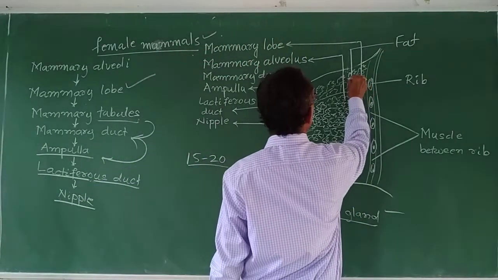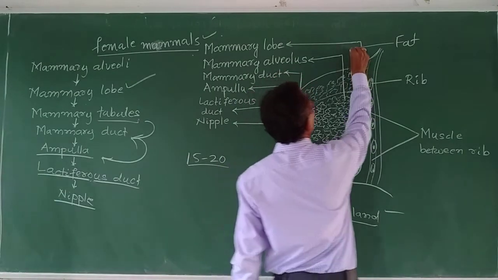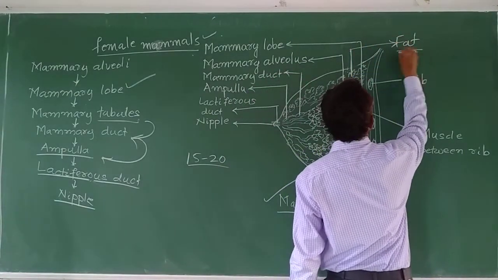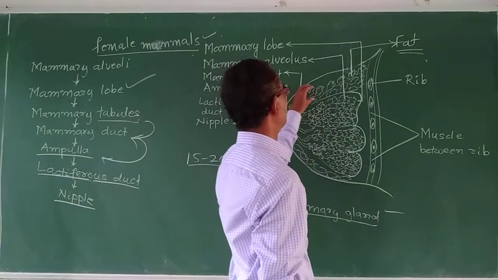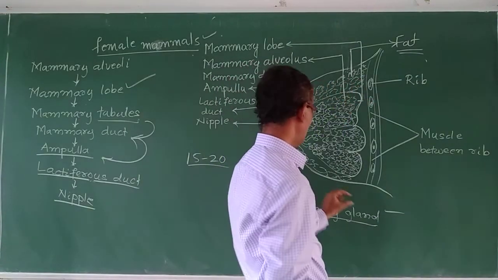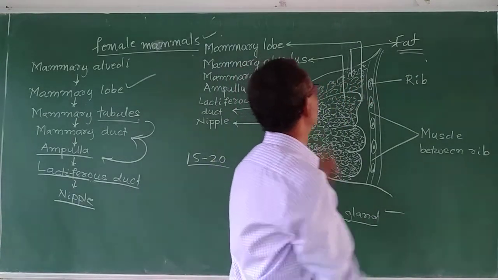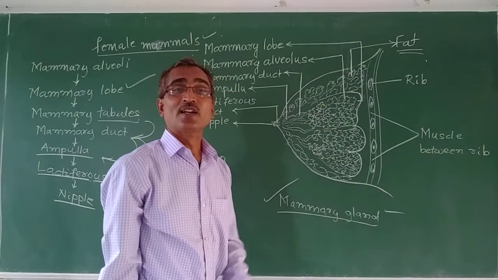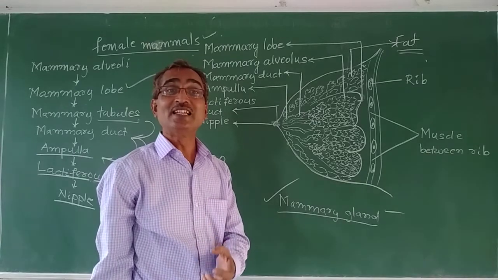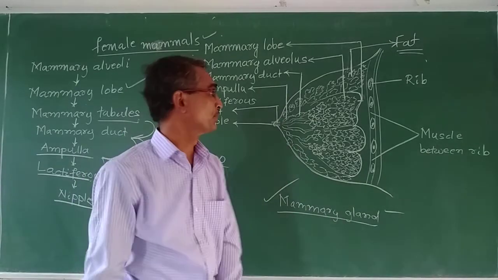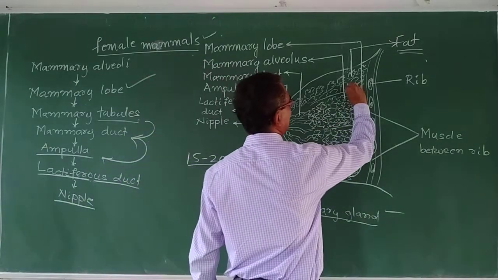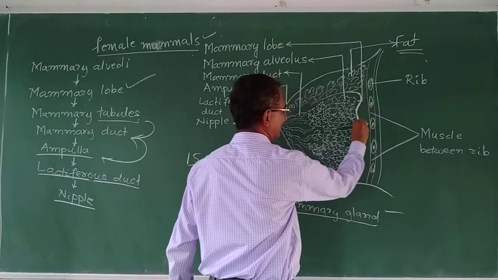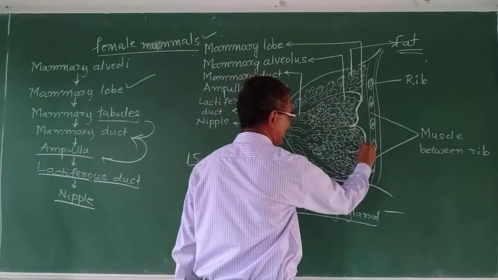You see, this mass here and here is fat. And the glandular tissue is divided into different mammary lobes. Lobes means compartments.